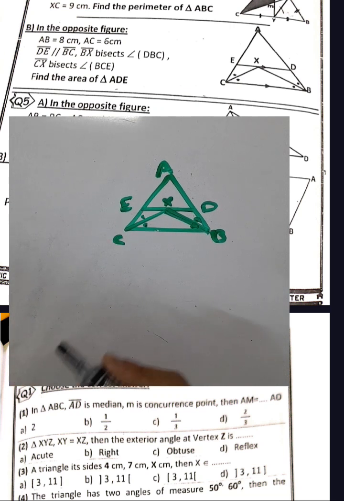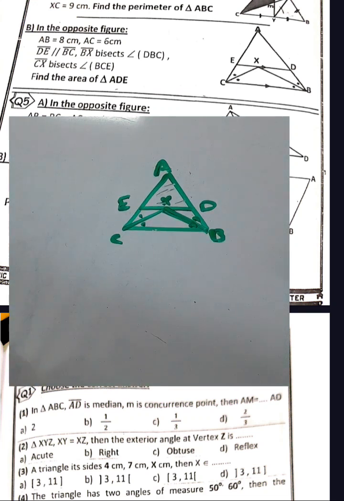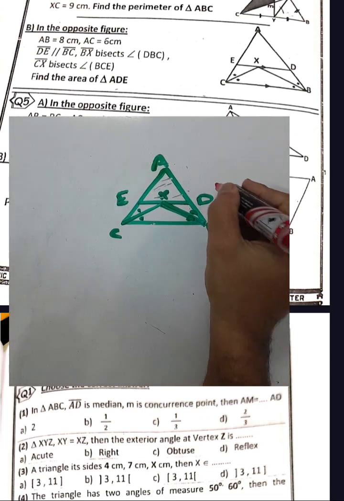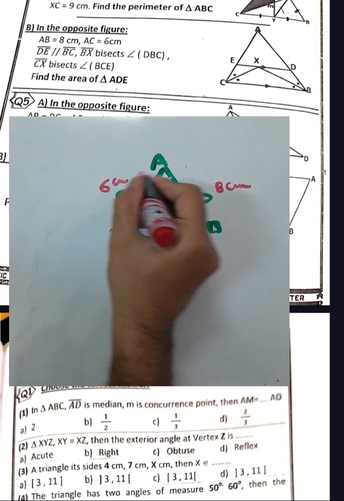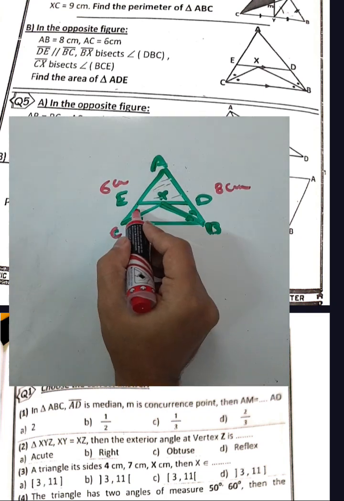Okay, this triangle. We want to find the area of ADE. He gave us AB was 8 centimeter. And EC was 6 centimeter. The side length 6 centimeter. And it bisects and it bisects.